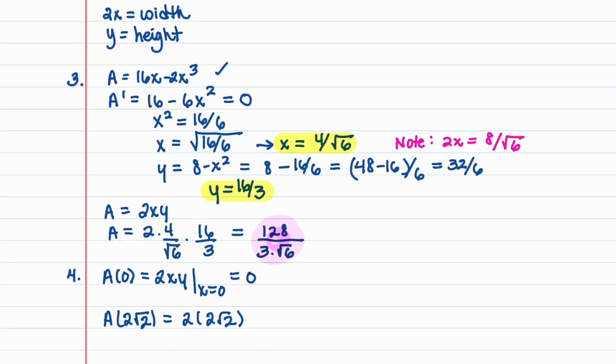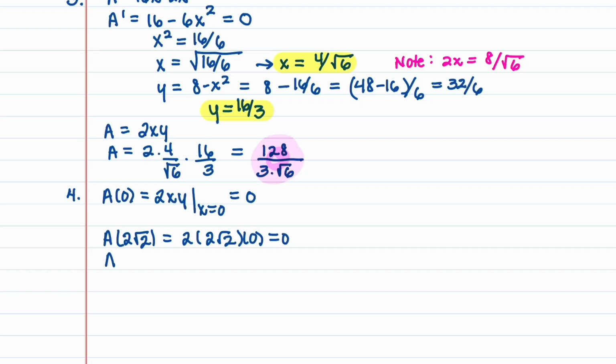So we can plug in 0 for y. And we get 0. And then we have A at our critical point, which was 4 over root 6. And we found that that value was 128, all divided by 3 root 6. And that is bigger than 0, so that is our maximum.